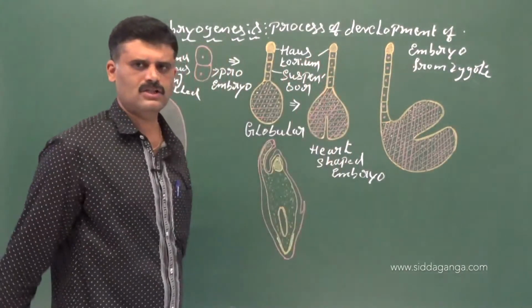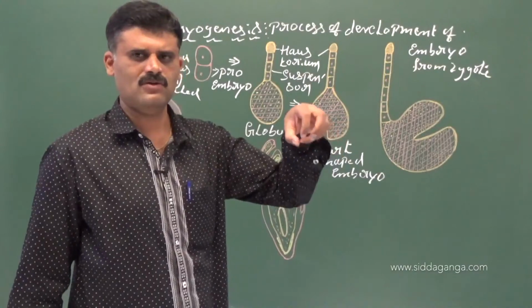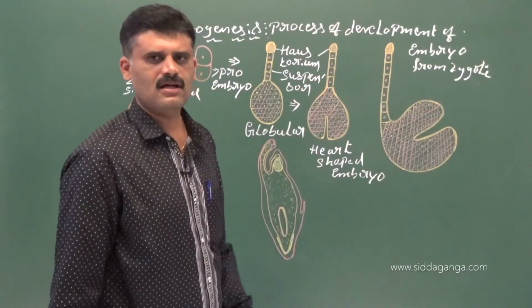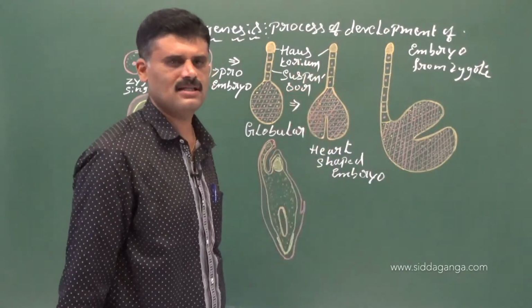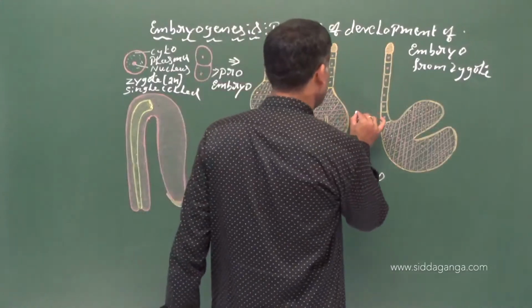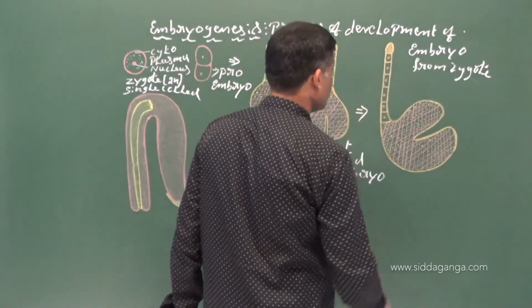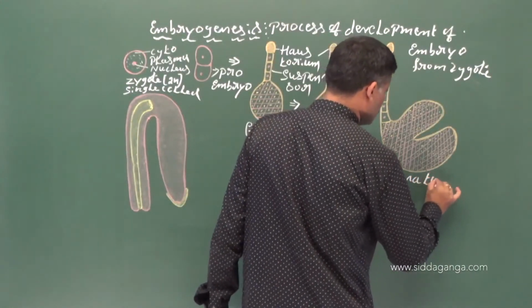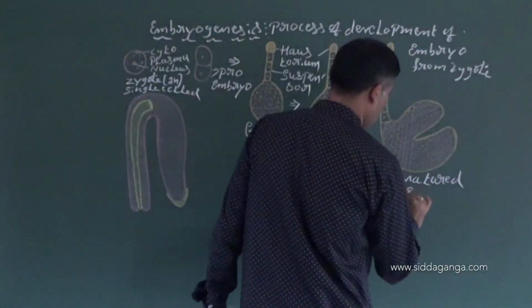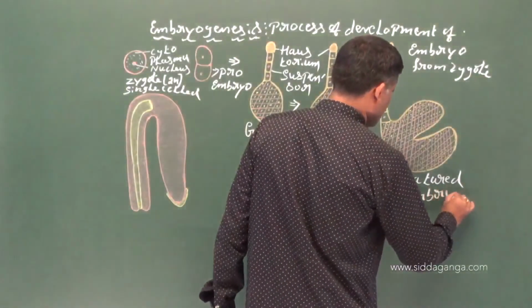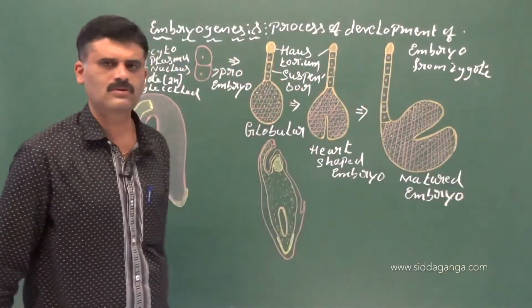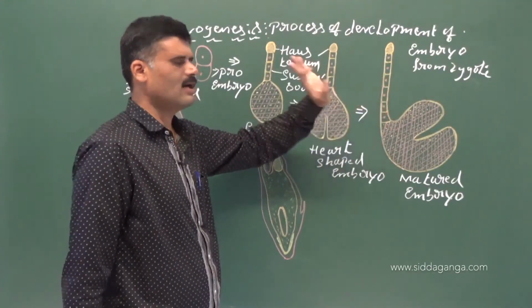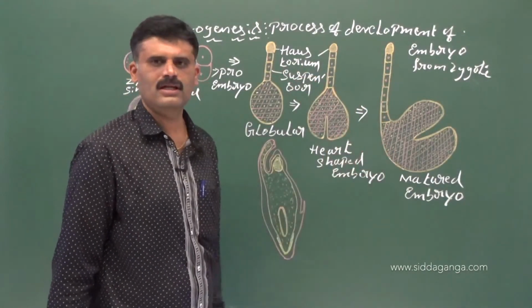Here also the ostomium is firmly fixed inside the embryo sac towards the micropylar region, and the embryo is growing inside the embryo sac towards the chalazal end. Then this heart shaped embryo further gives rise to a matured embryo, which also consists of the ostomium and suspensor and the fully formed embryo.